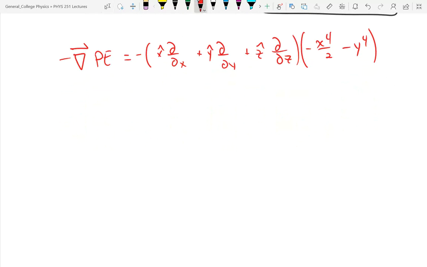So I'm going to have the partial derivative with respect to x, well, let me be really stupid. Why did I call that really stupid?